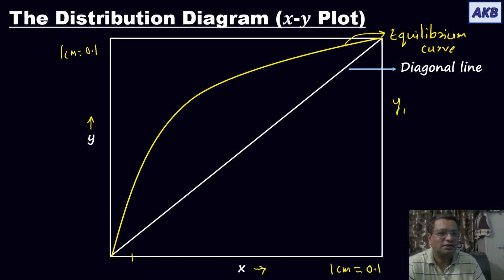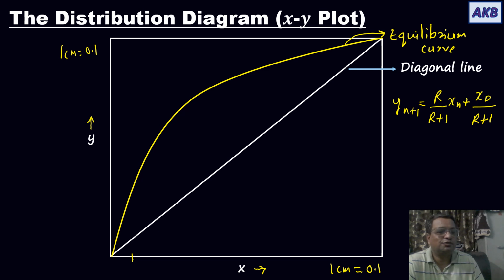It is yn plus 1 is equal to r upon r plus 1 into xn plus xd upon r plus 1. Okay, so this is the equation of the operating line for the rectifying section.